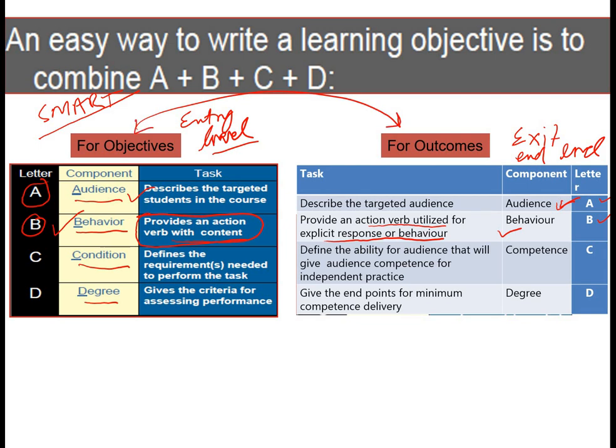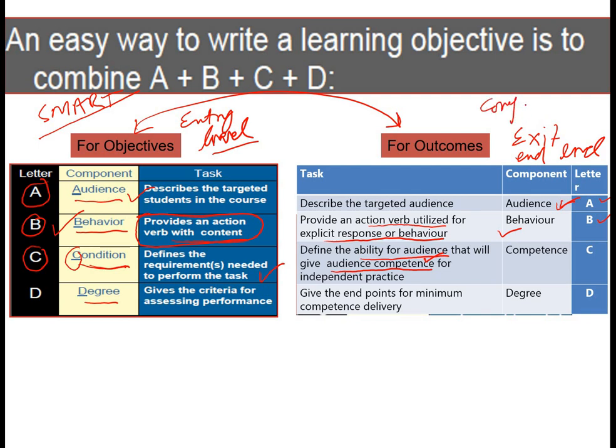Now, where is the difference? A small difference: C stands for condition. It defines the requirements needed to perform the task. And in the outcome, it defines the ability of the audience that will give a particular level of competence. So remember, what is competence? Competence is the ability of the graduate that he is going to gain at the exit level.